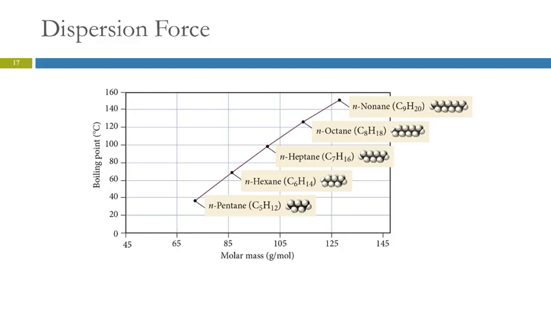And this is because the dispersion force increases with the amount of surface area and with the size of the molecule. So this longer one is more easily polarized, and so you can get a stronger dipole going, and because it's longer, it's going to have more surface area. Any questions?